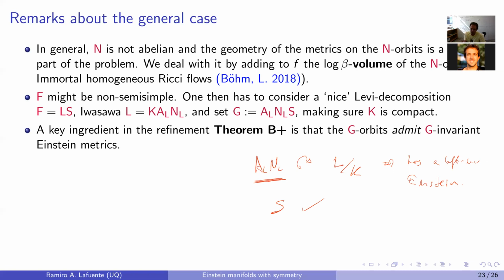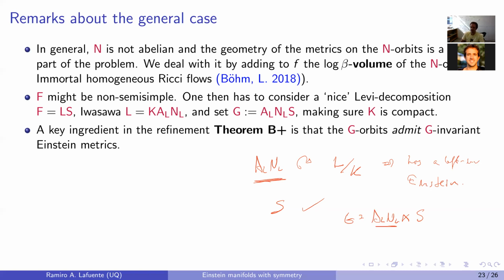Now, the problem is that G is not a direct product of these two groups, but a semi-direct product. And there's no theorem telling you that a semi-direct product of two Einstein solvmanifolds will be an Einstein solvmanifold, and I think this is false in general. The only reason it's true in this particular case is that the Einstein metric here comes from a much nicer symmetry situation.